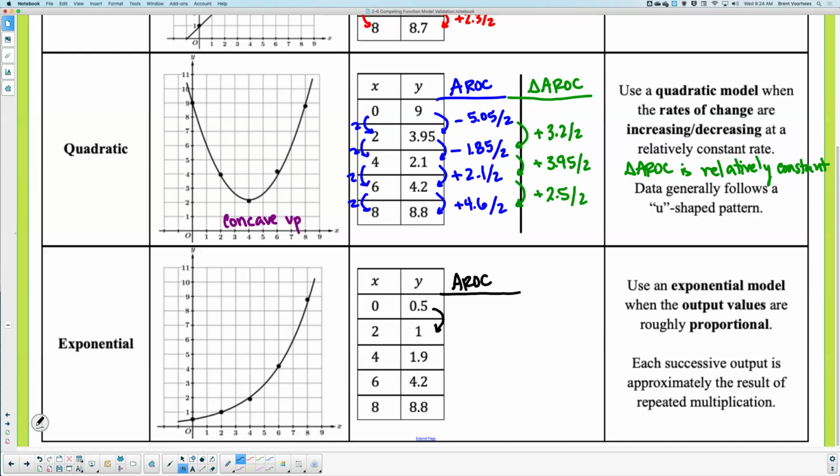So how much do I increase by from 0.5 to 1? 0.5 over 2. Okay, how about from 1 to 1.9? 0.9 over 2. How about from 1.9 to 4.2? 2.3.